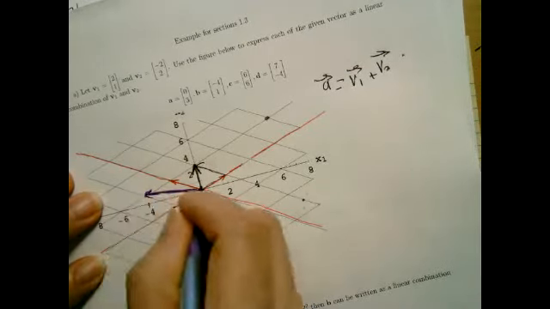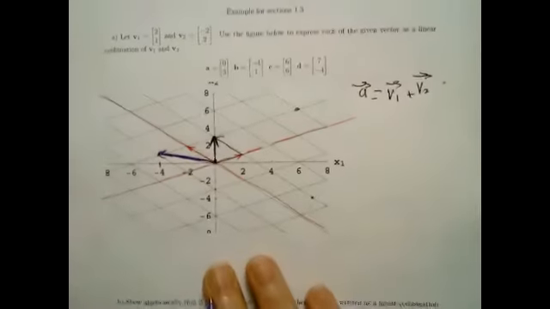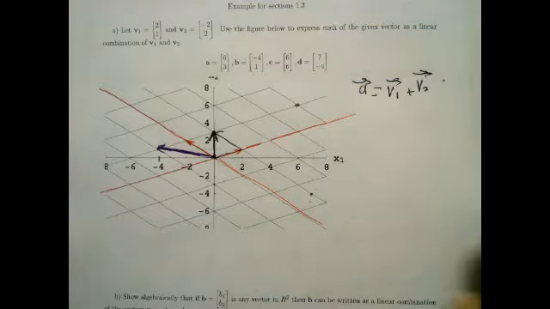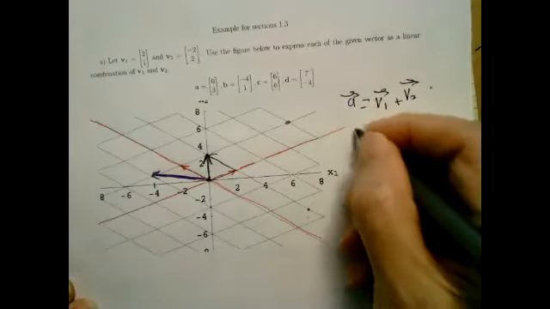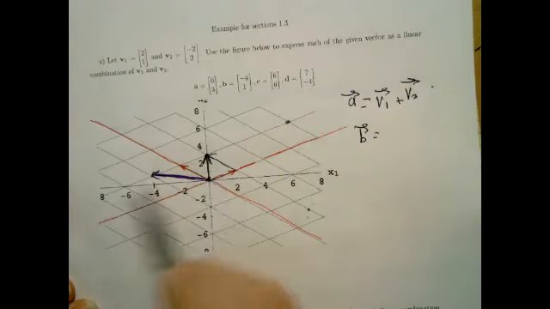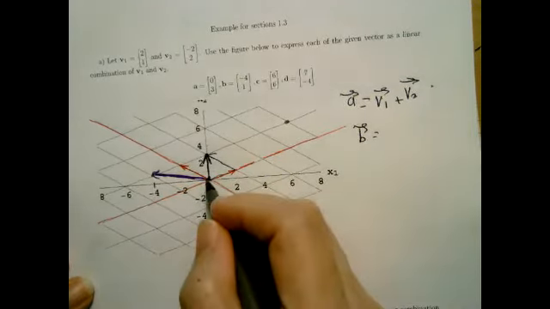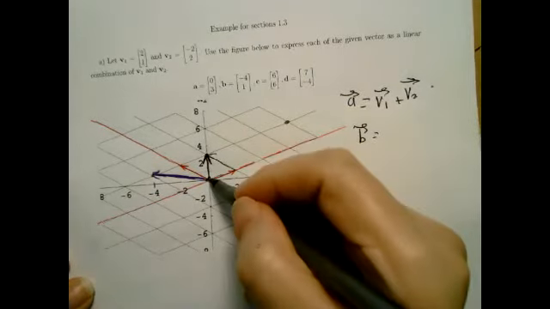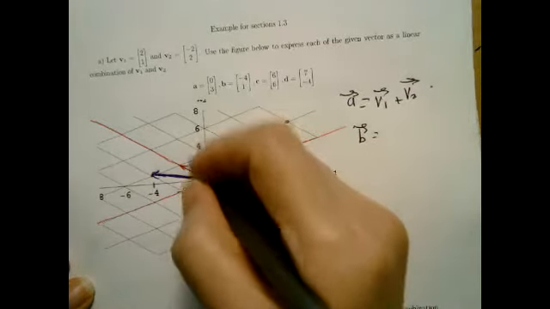And my question to you is, if you have your own copy, how can you write B as a combination of V1 and V2? So start from here and move along those roads. Minus V2.